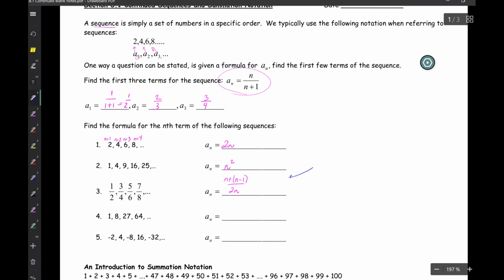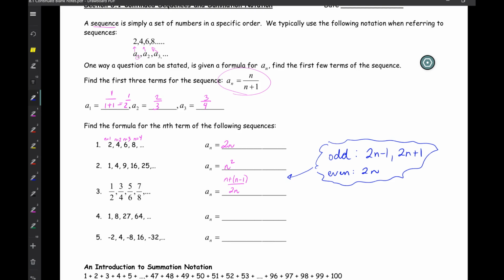So notice that Lauren was generating the odd number in the numerator. Odd numbers are generated with the formula 2n minus 1 or 2n plus 1, versus even numbers, which are generated with the formula 2n. That's just something good to remember. It might show up in your homework. It might show up on the quizzes or tests. That type of pattern shows up a lot with sequences.